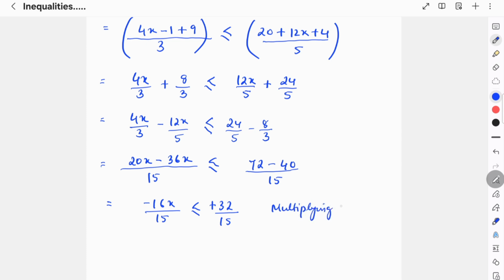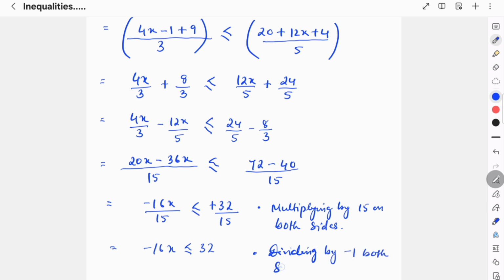Now we have to get rid of this 15 in the denominator, so we multiply both sides by 15. So we get minus 16x is less than equal to 32. So now we divide both sides by minus 1 and the inequality will flip.